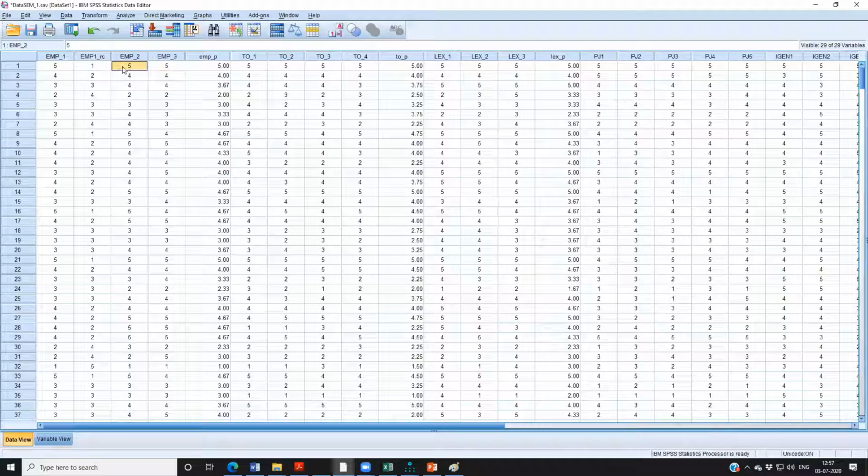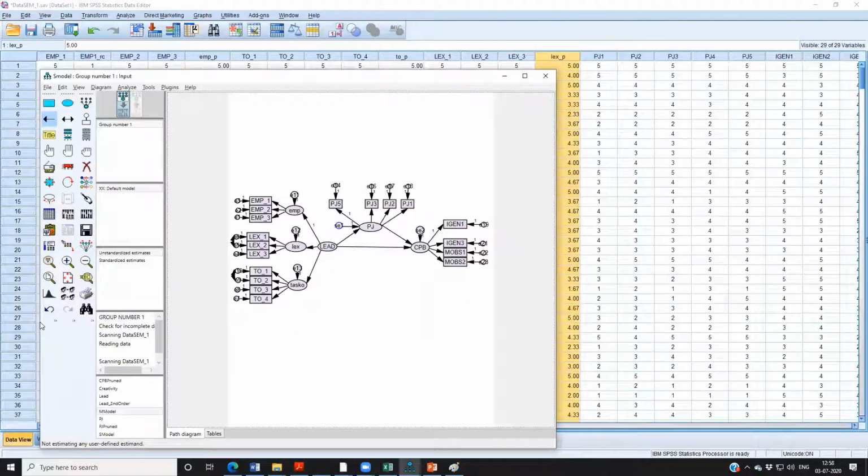The mean of 5, 5 and 5 is 5, so I have taken the mean. The mean of 4, 4, 4 is 4. Then 3 plus 4 is 7 and 11, and 11 divided by 3 is 3.67. So I have taken the mean of PO. I have created a parcel for the first factor, a parcel for the second factor, and a parcel for the third factor.